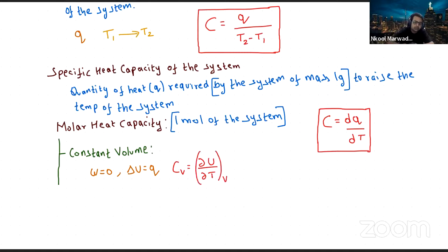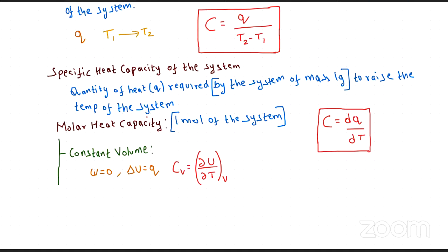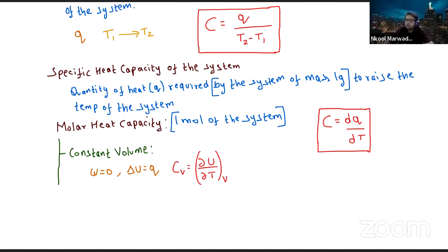So this is the molar heat capacity at constant volume. Because instead of Q, I can write delta U, so delta U by T2 minus T1, and in terms of differentials, I can write it like this. Now we can see the constant pressure.